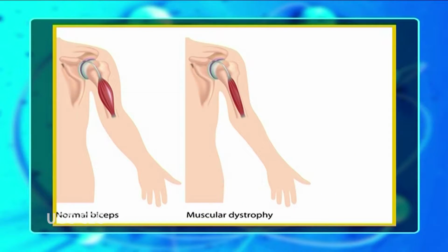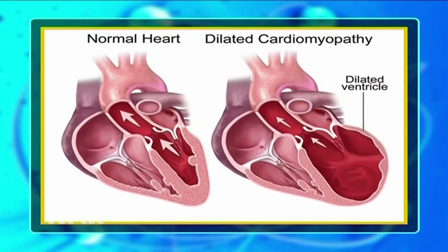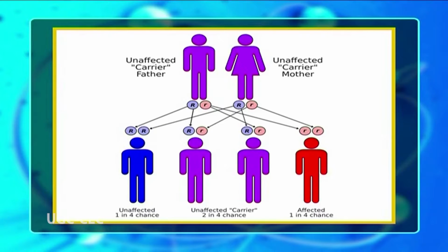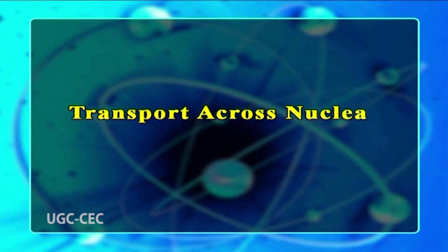These diseases include limb girdle muscular dystrophy, dilated cardiomyopathy with conduction system disease, familial partial lipodystrophy, and autosomal recessive axonal neuropathy. Now coming to our next topic, in which we will illustrate transport across the nuclear envelope.